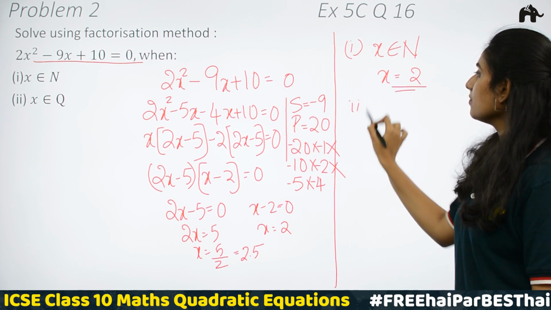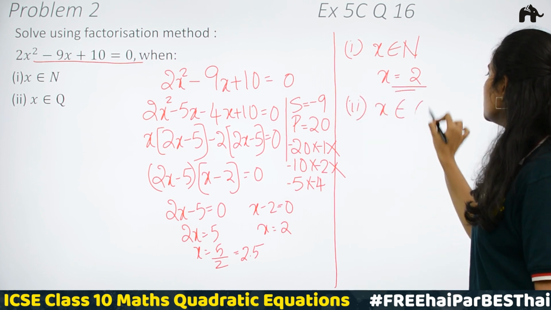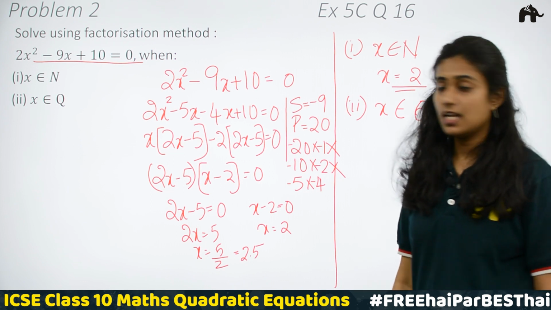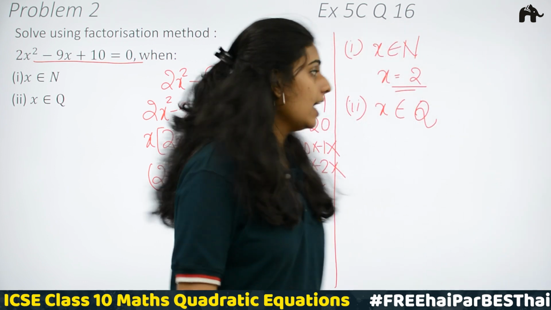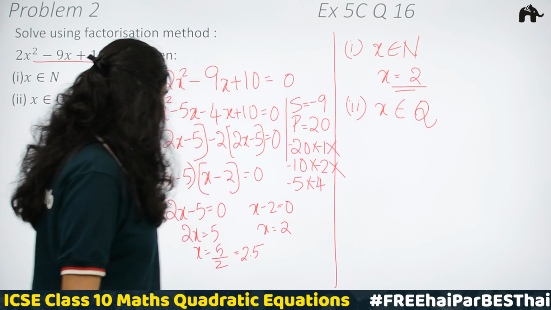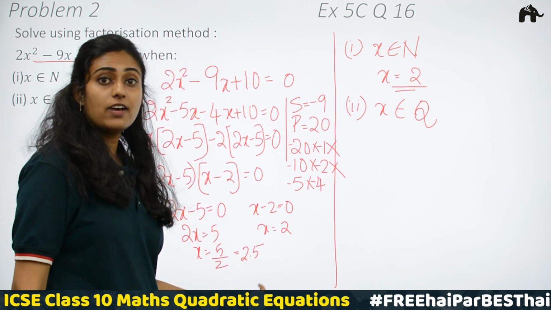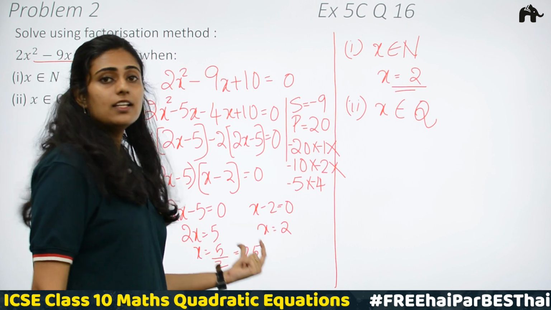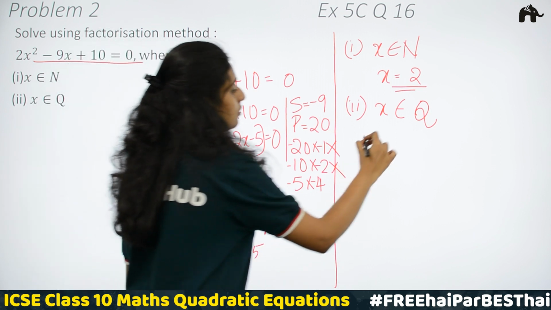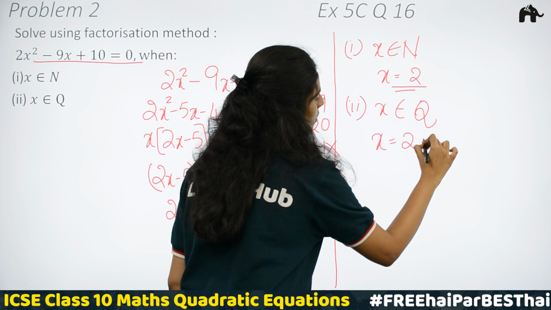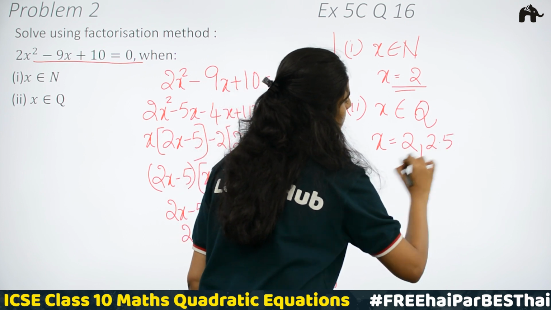Second, x belongs to the set of rational numbers. x belongs to Q. In that case, what are the possible values of x? x can be 2 or x can be 2.5. 2.5 is a decimal, it is a rational number. Therefore, the possible values of x are 2 and 2.5.